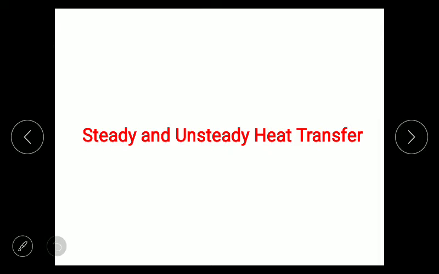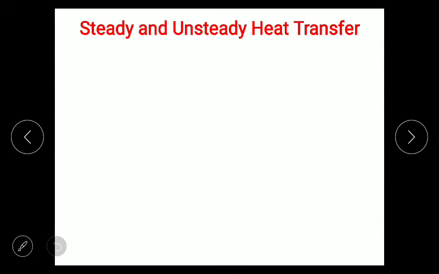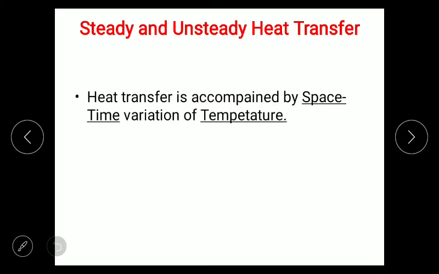Before going to the steady and unsteady state heat transfers, let us discuss this. The temperature which flows through a body depends on the space and time variables.